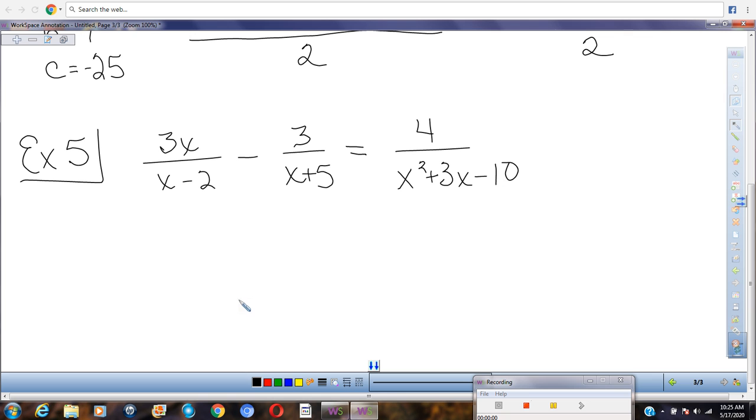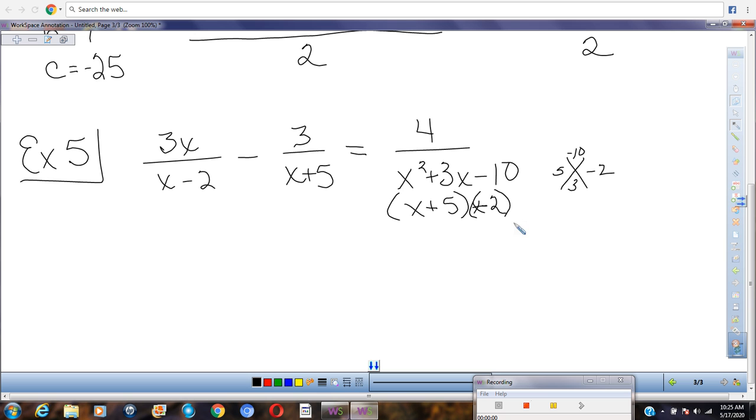All right, again, first thing we're going to do is factor everywhere. So this one's factored, this one's factored, if I draw myself a little x over here, negative 10 on top and 3 on the bottom, give me 5 and negative 2. So I have x plus 5 and x minus 2.